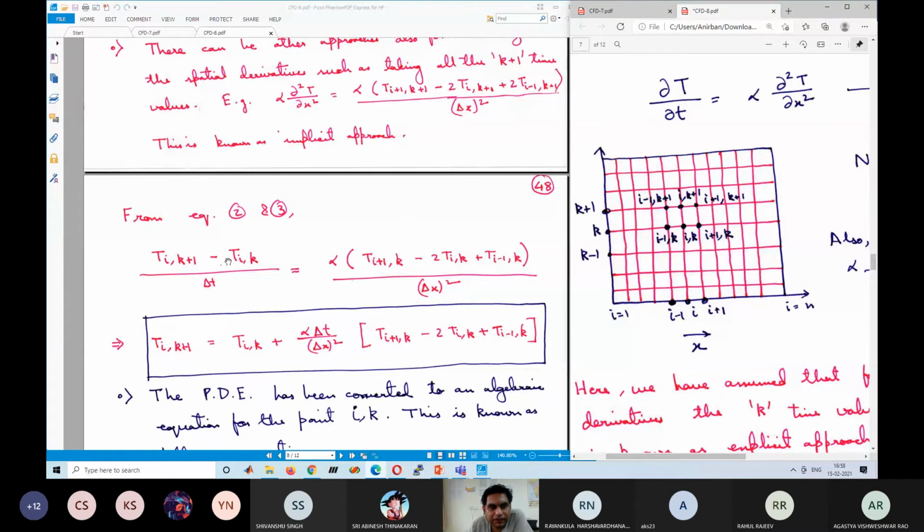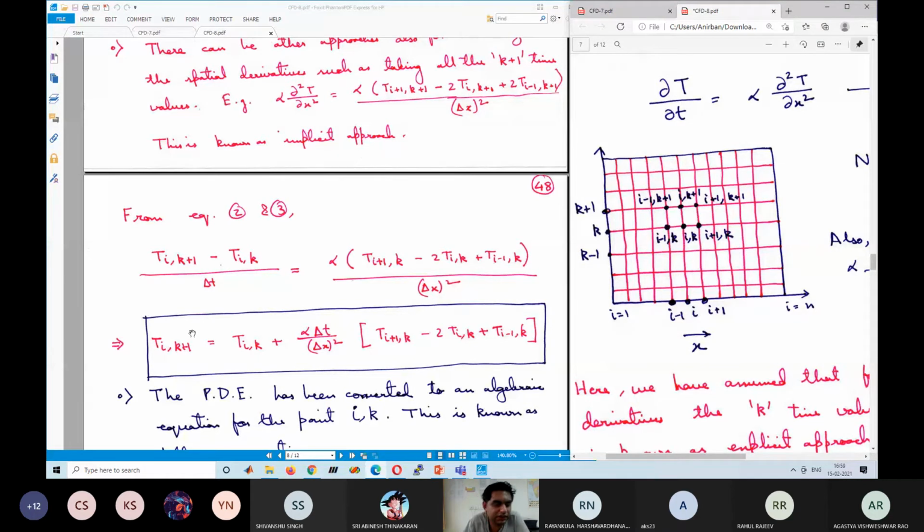T(i)^(k+1) minus T(i)^k by delta t is equal to alpha times T(i+1)^k minus 2 T(i)^k plus T(i-1)^k by delta x square. Or, by rearranging the terms, T(i)^(k+1) is equal to T(i)^k plus alpha into delta t by delta x square, into T(i+1)^k minus 2 T(i)^k plus T(i-1)^k.